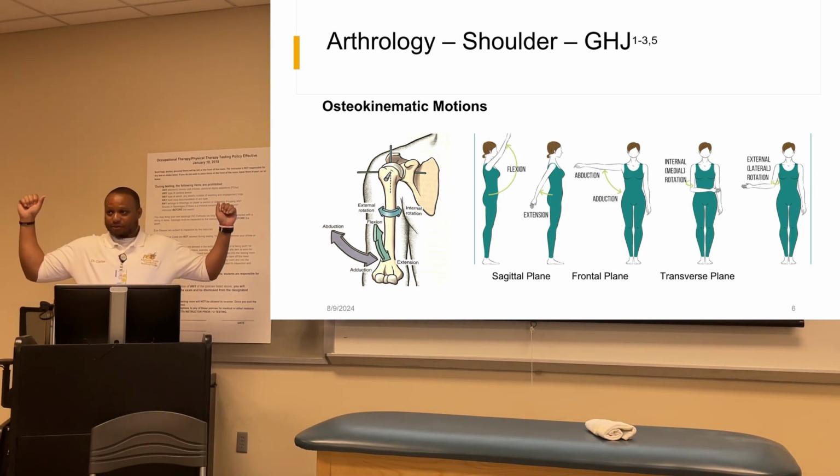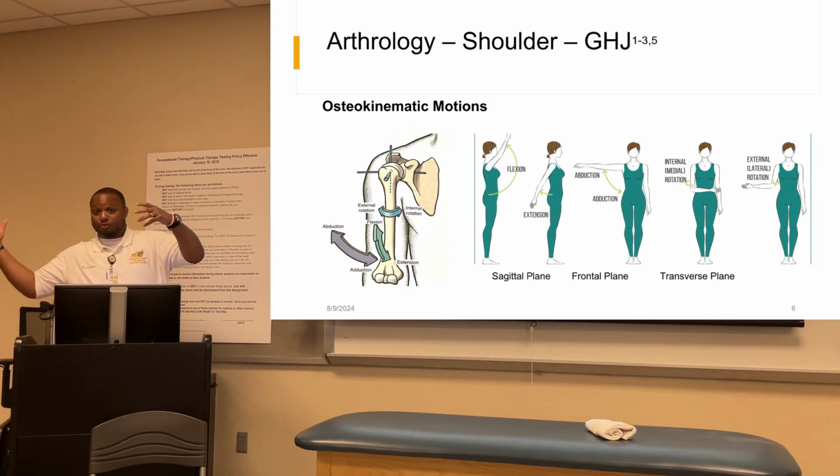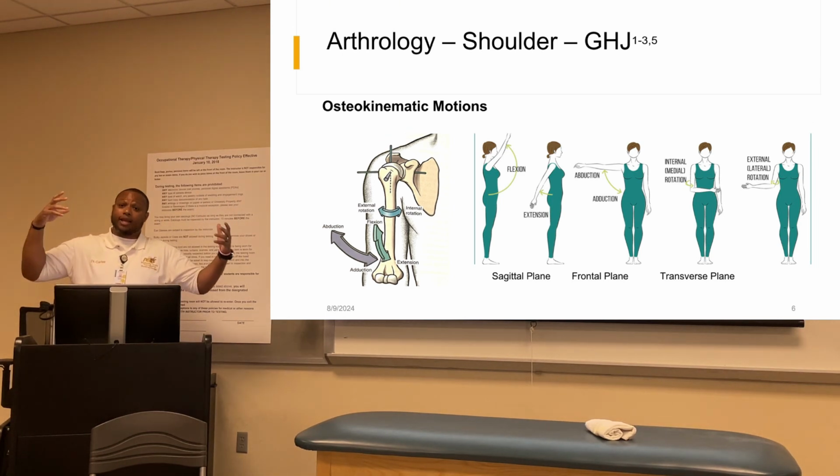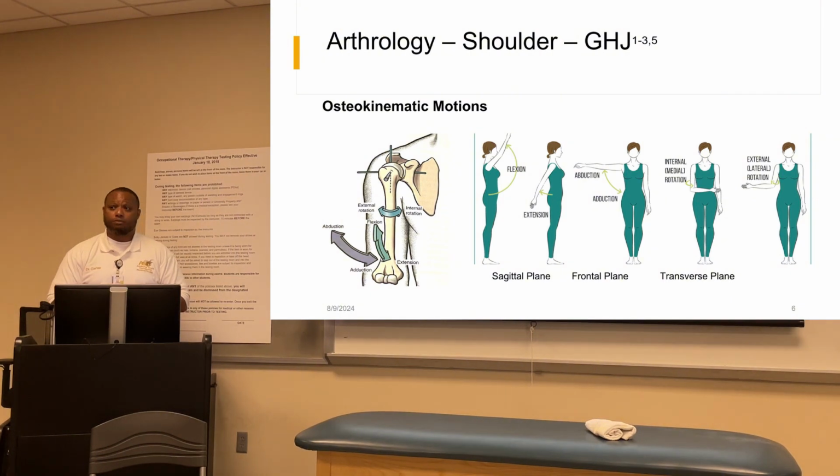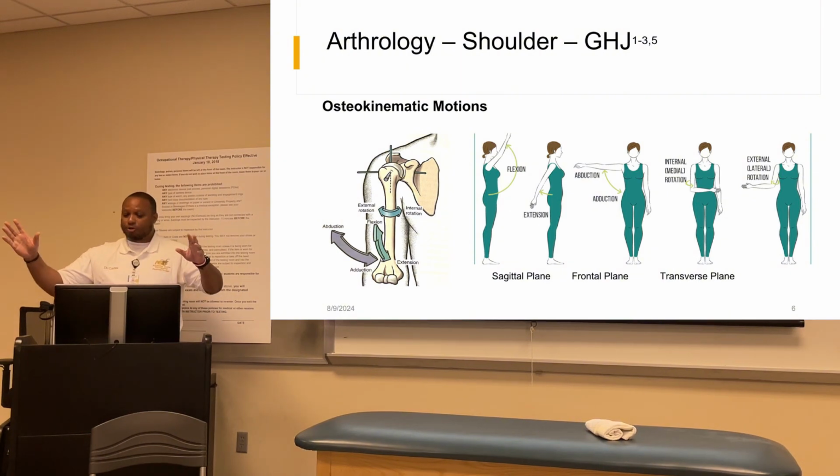Okay, all right. So now, if a person can't get full external rotation in the frontal plane, not only do you have to assess the external rotators, you also have to look at the middle trapezius muscle as well, because it plays a role with the person achieving full external rotation in the frontal plane. All right. So is that in the sagittal plane, Dr. Carter? I mean sagittal plane.